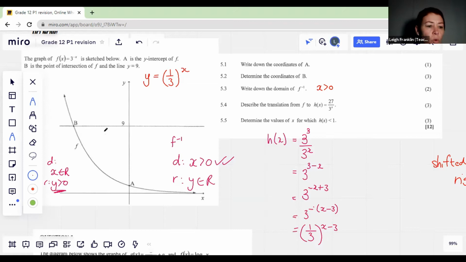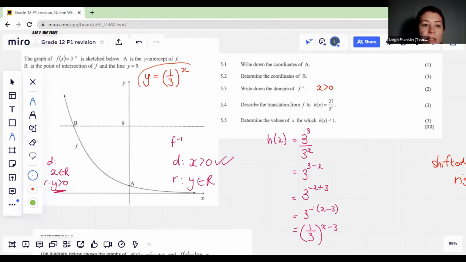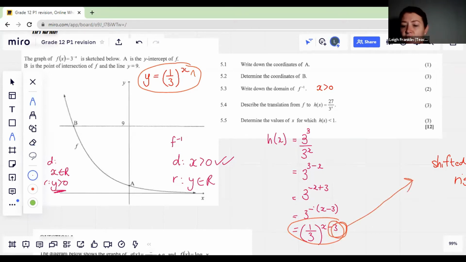So now, Benedict, we are comparing what it was originally with this. Can you see the bases are the same? The only thing that's changed is here. This was plus 0, now it's minus 3. So this minus 3 means that it has shifted to the right.